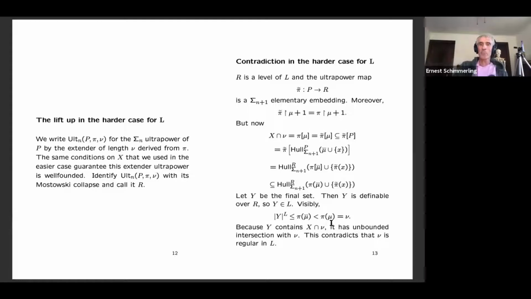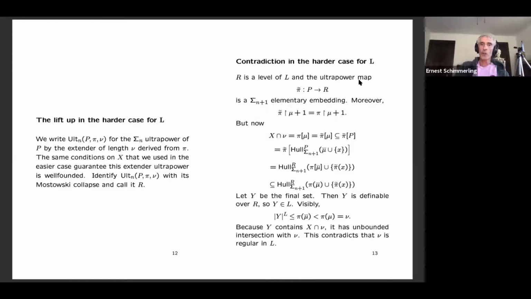But that's less than pi of mu, which is equal to nu. And Y covers X intersect nu, but it's small. And so this Y belongs to L, it's small, but unbounded in nu. And so the existence of this Y in L tells you that nu is singular in L, but that contradicts that nu is regular in L.